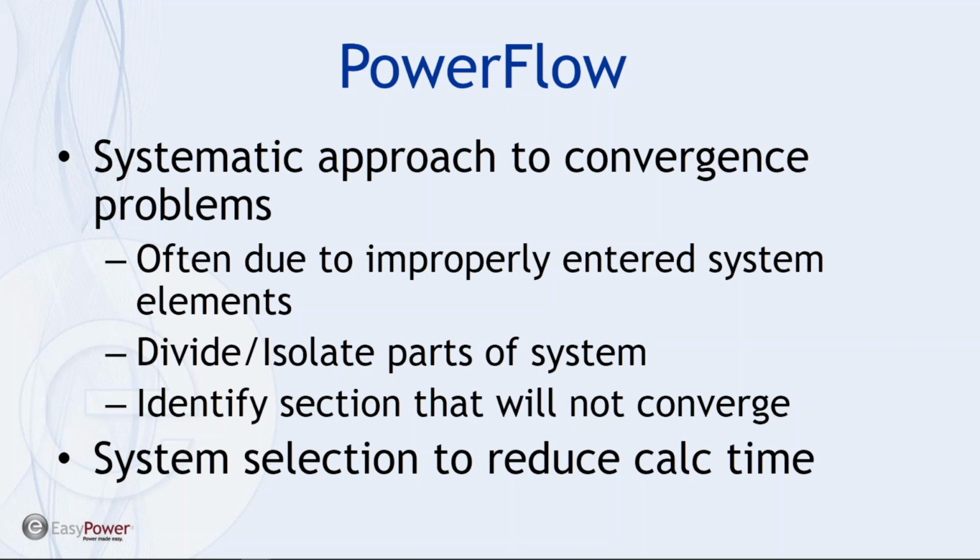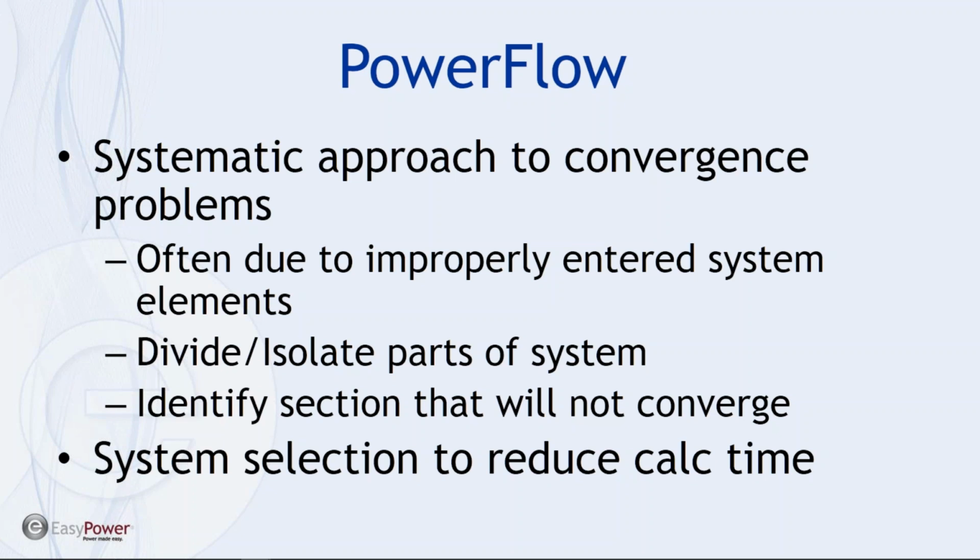The technique of resolving a convergence issue really is fairly simple, and it's a matter of being able to divide the system in roughly half, at a dividing point that's roughly half and half, and then following the fault down to the local point where there's an issue.